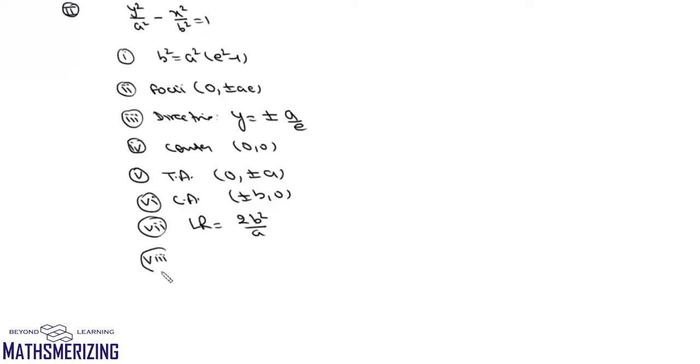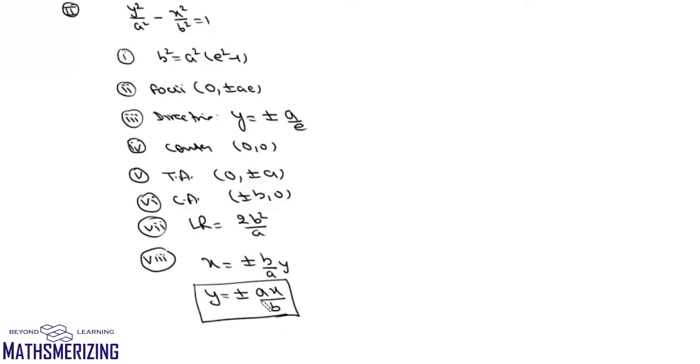Now we'll write the asymptote for this hyperbola. We know that the asymptote is y equals plus minus b upon a x for the first form. For the second form it will be x equals plus minus b upon a y, or simply y equals plus minus a x upon b. So that is the equation of asymptote in this second case.